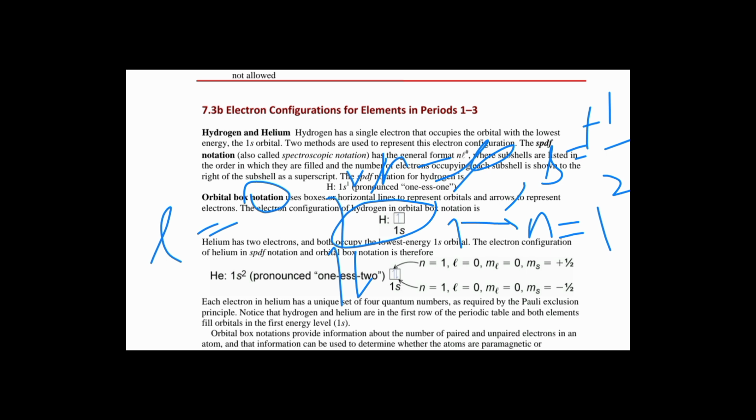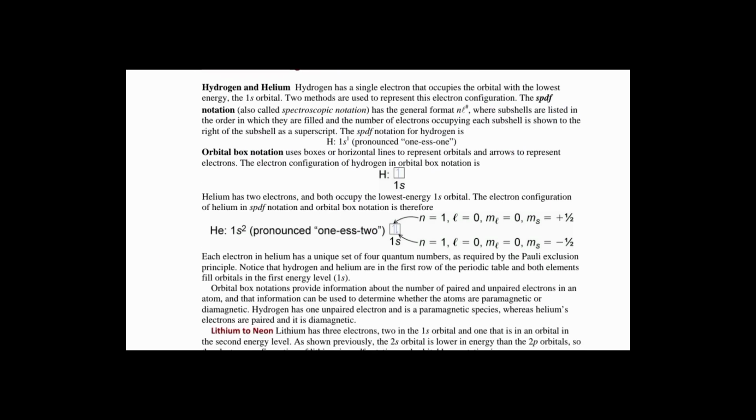We have given the values for the helium atom. For the first electron these values, for the second electron these values. They have one different quantum number value. No two electrons have the same four quantum number values.